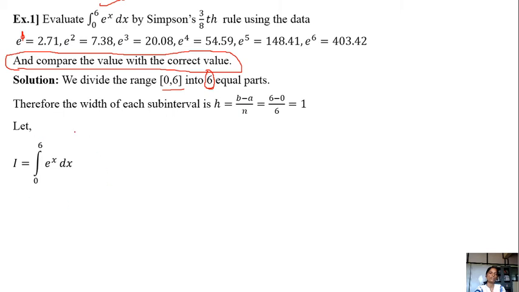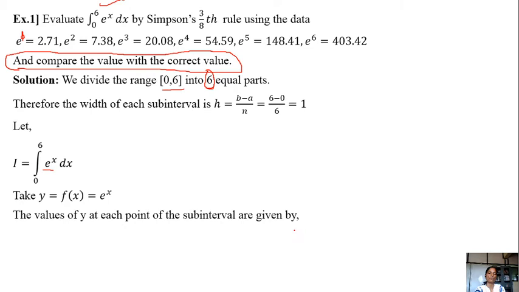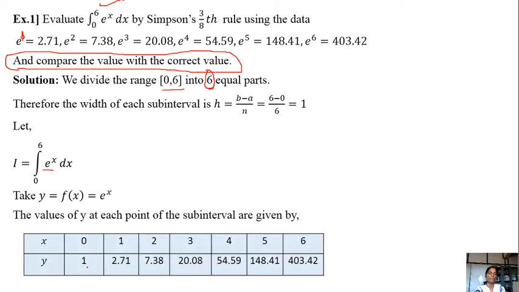Again, you call this integral I equal to the integration from 0 to 6 of e raised to x dx. So take this function e raised to x as y equal to f of x. Now the values of y at each subinterval are given. 0 is the lower limit of the integration, so one more value is missing.